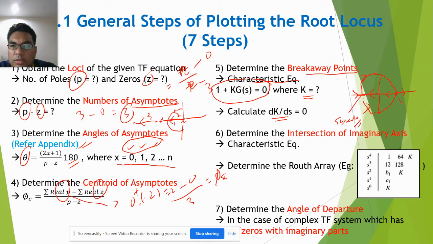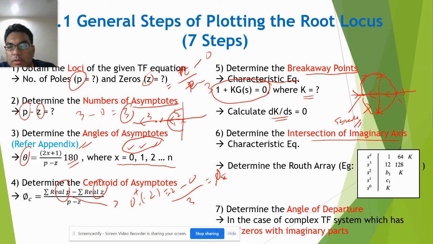Okay, the next one is to determine the intersection of the imaginary axis. For example, for this locus, you have this point going from the stable to the unstable region. This is what we call the intersection of the imaginary axis, so that you can determine the point where it goes into the unstable region.